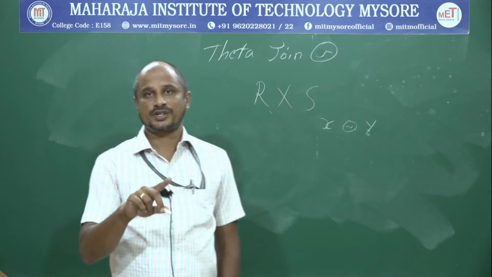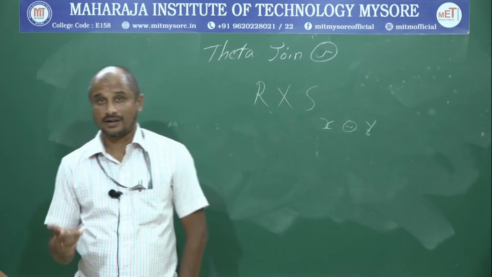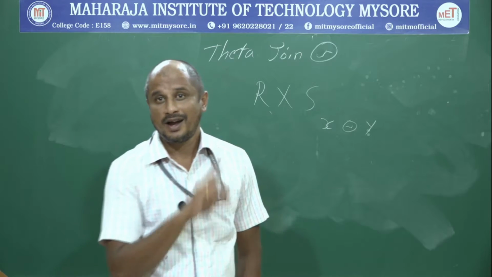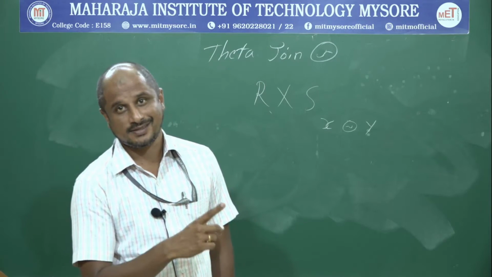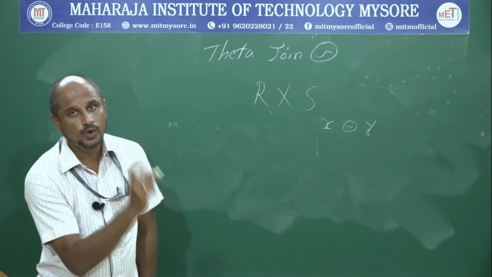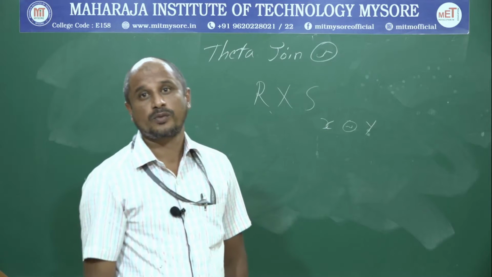So R and S undergo the Cartesian product, where X comes from R and Y comes from S. This is theta. The theta works between two attributes along with the Cartesian product.